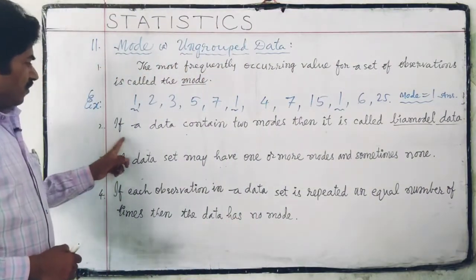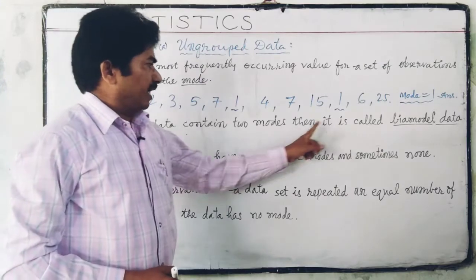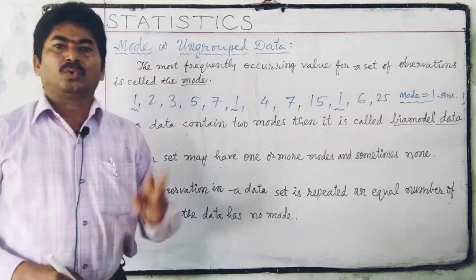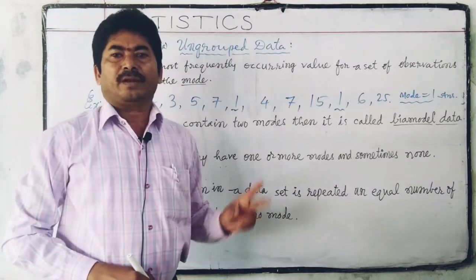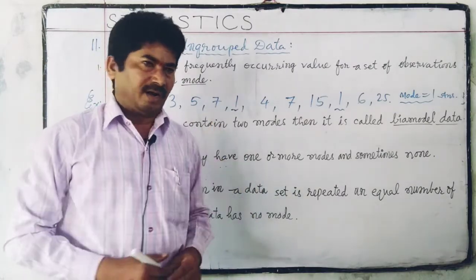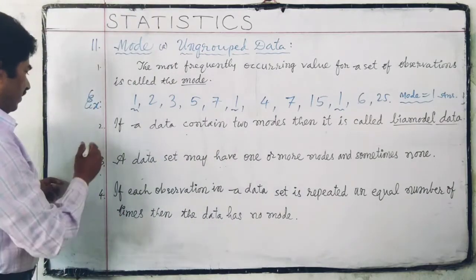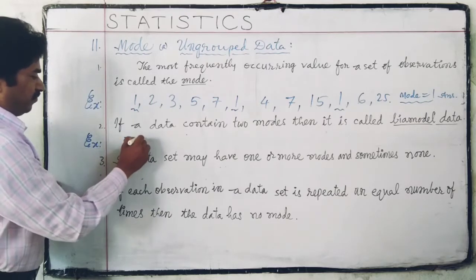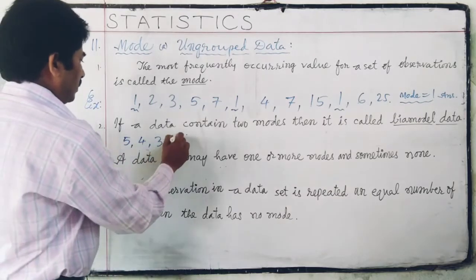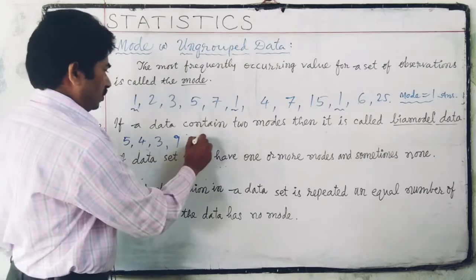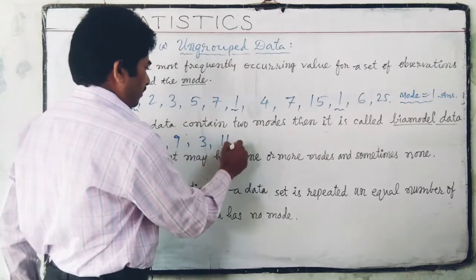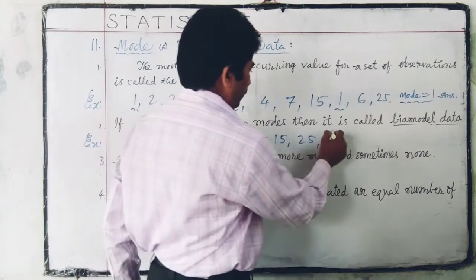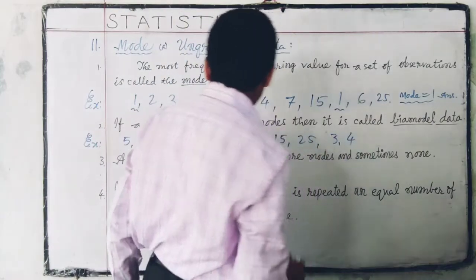Next, if a data contains two modes, then it is called bimodal data. For example, 5, 4, 3, 9, 3, 11, 4, 15, 25, 3, 4.